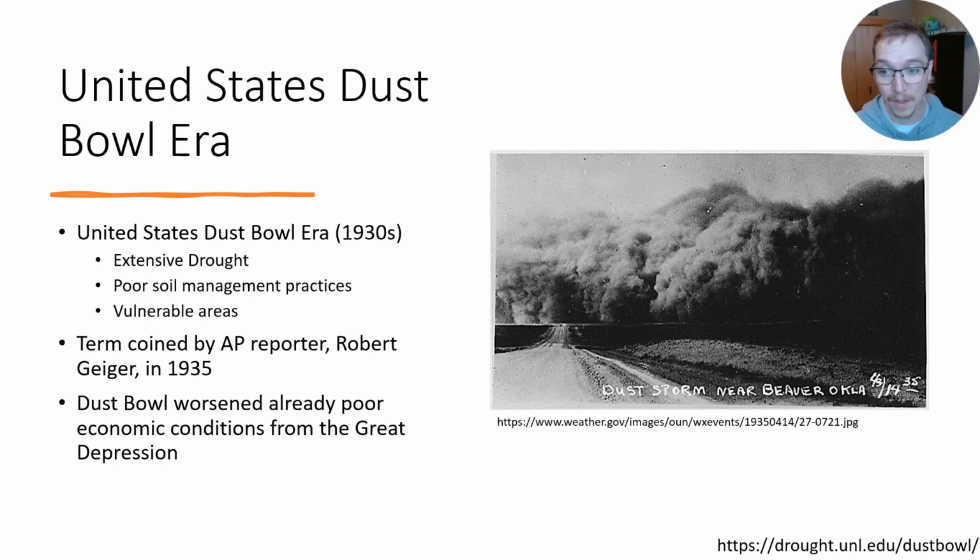So these associated dust storms, these events, really kind of propelled that major change in our governmental system here in the United States. So this Dust Bowl era, which you can see is a term coined by Associated Press reporter Robert Geiger in 1935, really was the impetus for a lot of change here in our country.